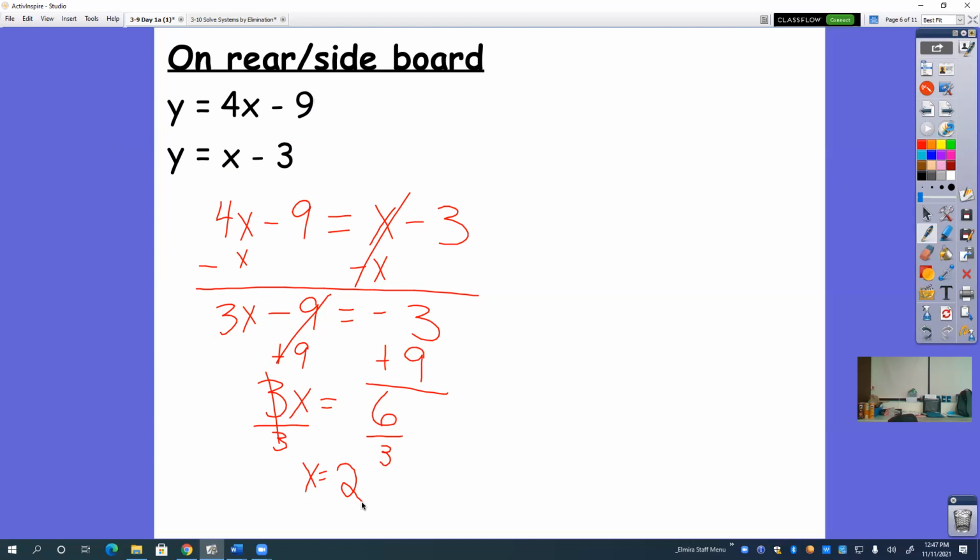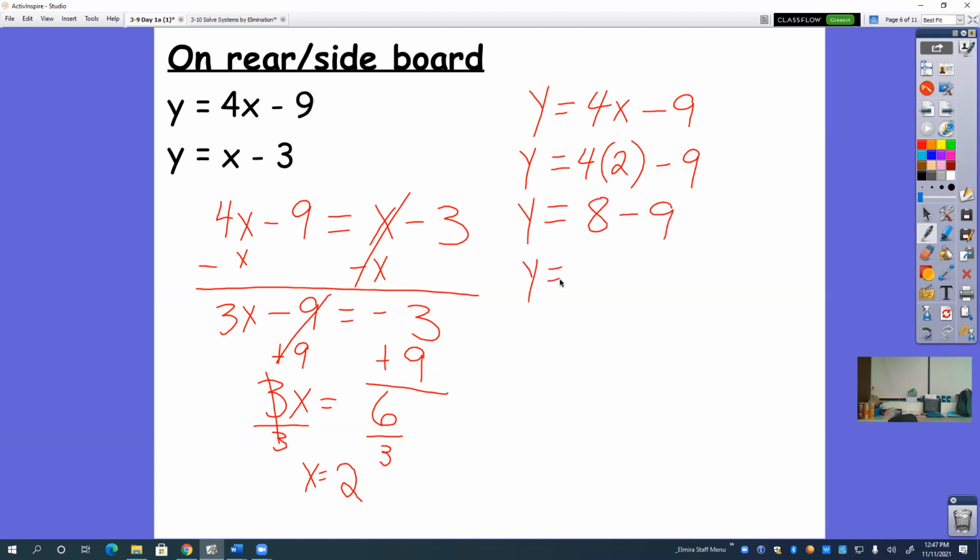So we're going to use the first equation this time to find our y term. Y equals 4x minus 9. We're going to substitute in for our x what we found it with, 2. 4 times 2 is 8. So y equals 8 minus 9, which equals negative 1.